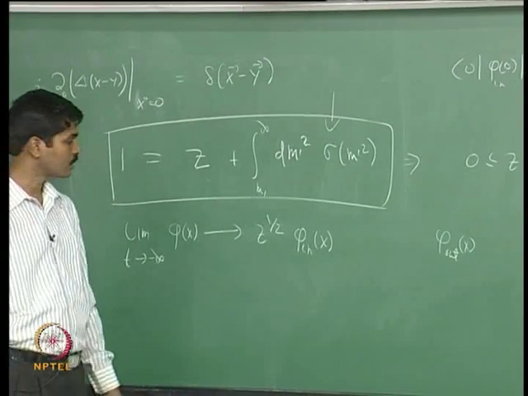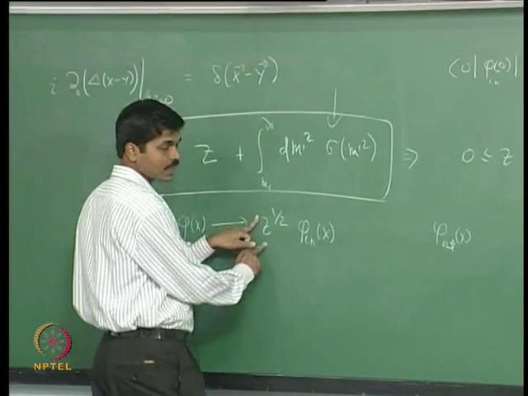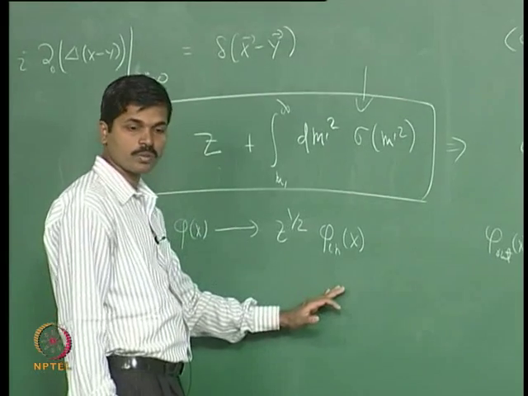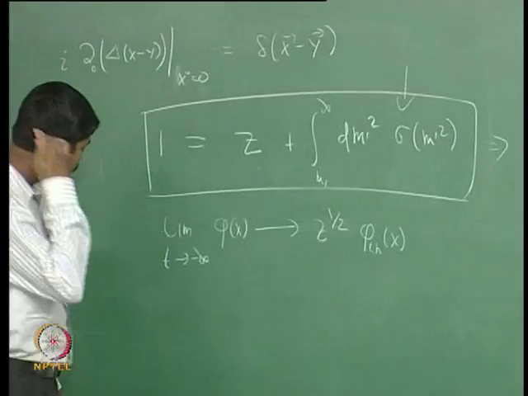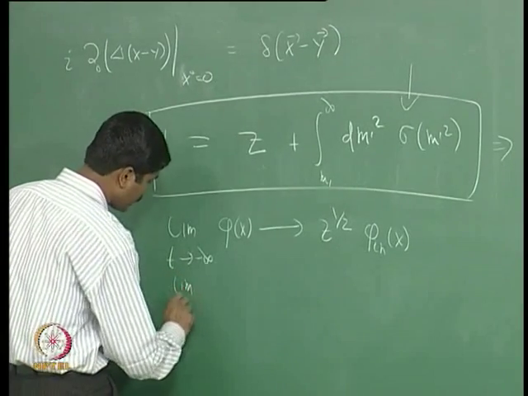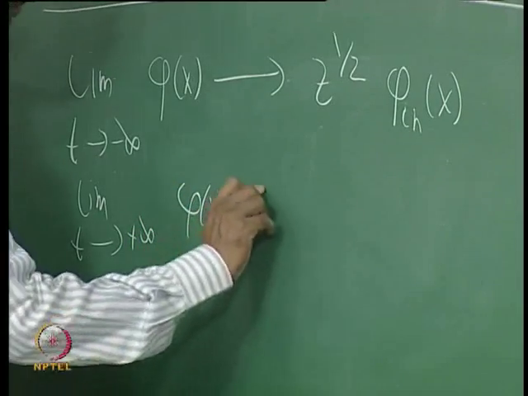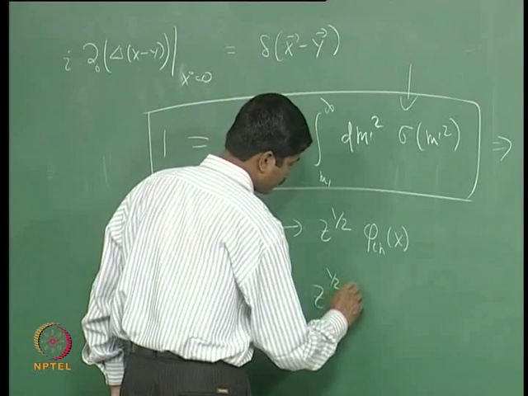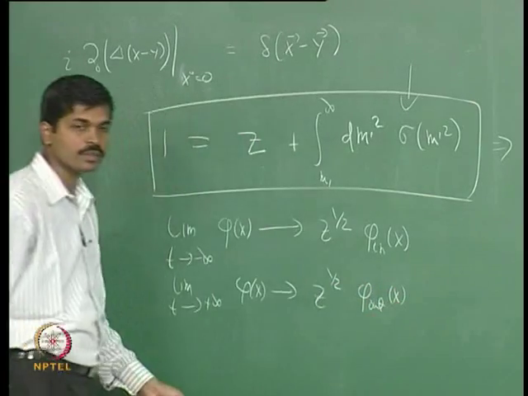Okay. So, all the arguments will hold, except that you do not know whether you get the same coefficient here or you get a different coefficient. So what I claim here is that again when you consider t goes to infinity, phi of x goes to z to the power half phi out of x with the same z.